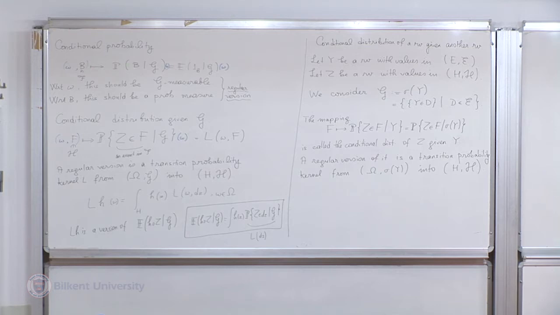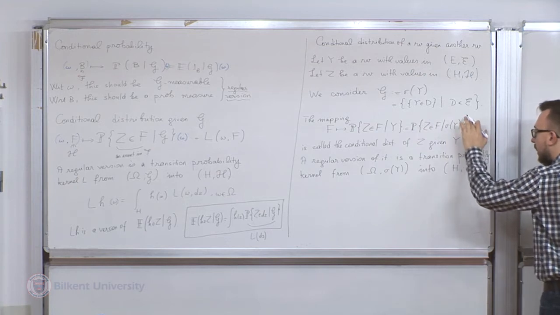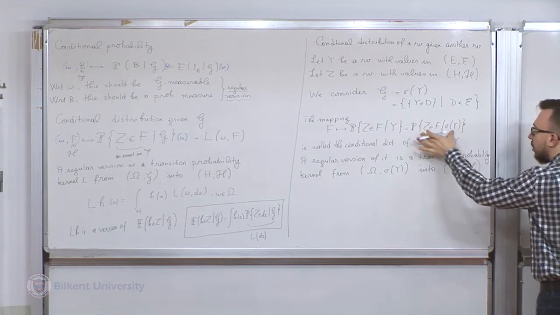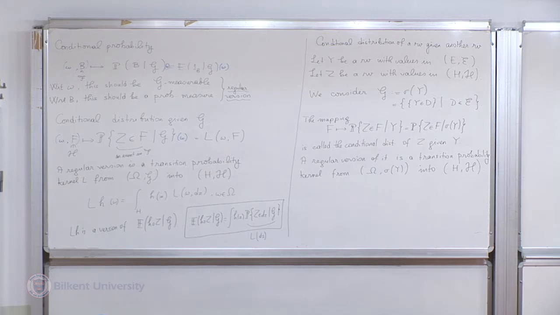So this conditional probability is a random variable, right? It has an input omega here. So what can you say about this sigma Y measurable random variable? So in general, which property does it satisfy? If a numerical random variable is sigma Y measurable, what can you say about that?